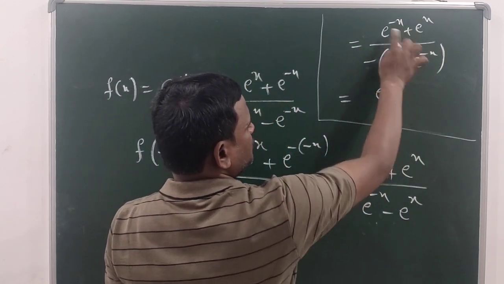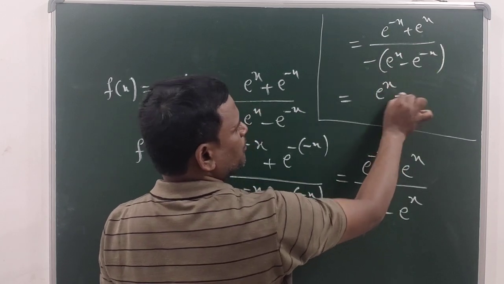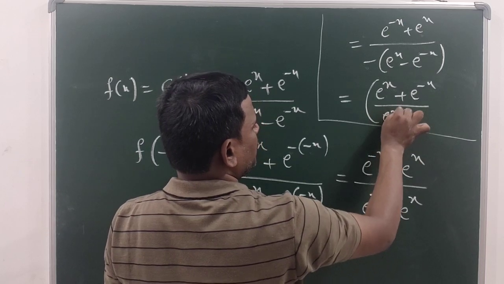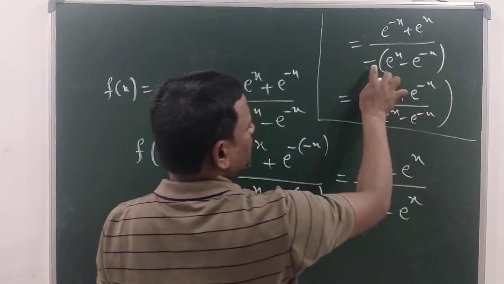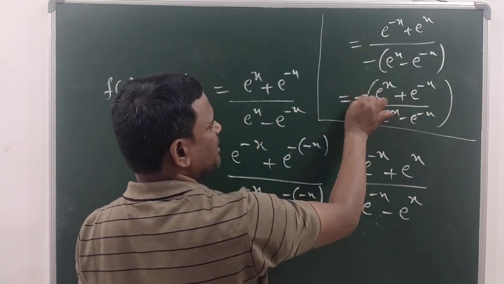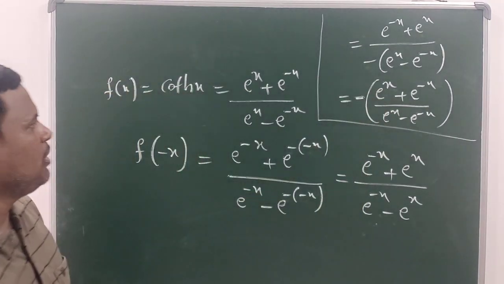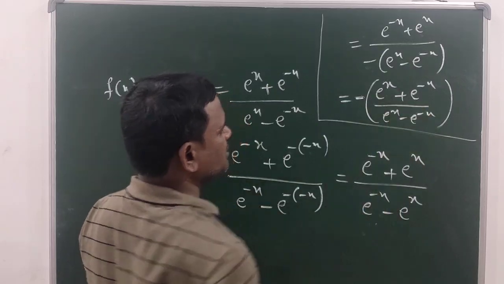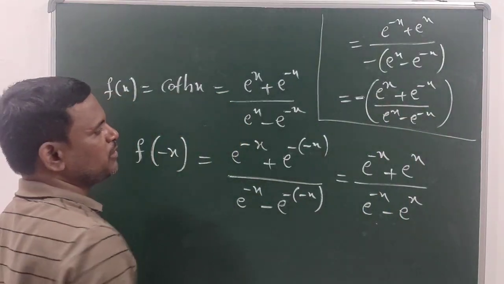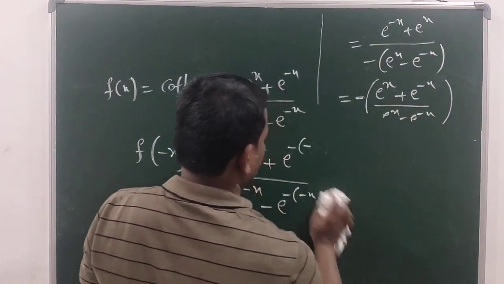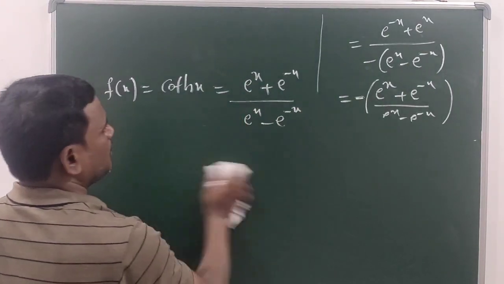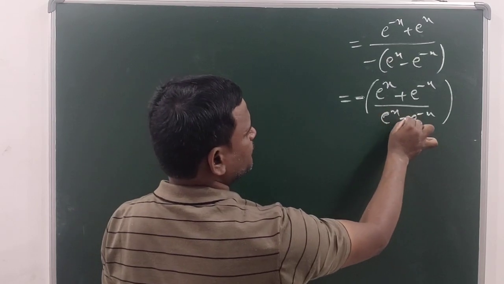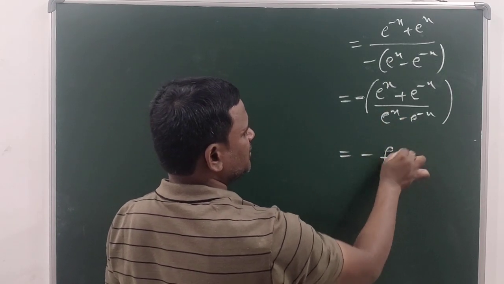So this numerator can be written like this also, (e^x + e^-x)/(e^x - e^-x), but before it, this minus 1 you can write here. What did you get? The same function is repeated. Am I right, students? See, this is nothing but minus f of x.